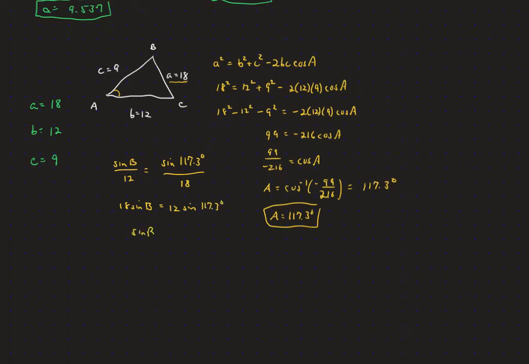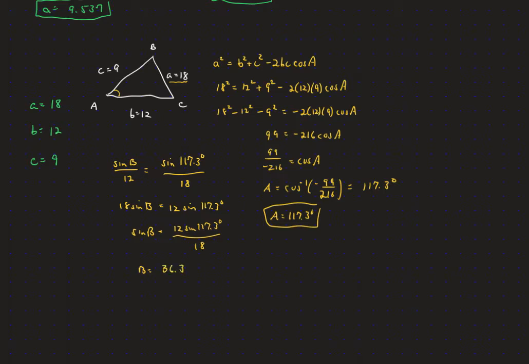So sine of angle B is 12 sine of 117.3 divided by 18. We'll do our inverse sine, and inverse sine of 12 sine of 117.3 divided by 18 is 36.3.